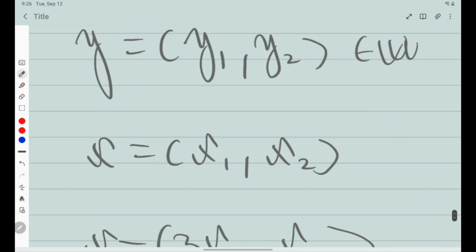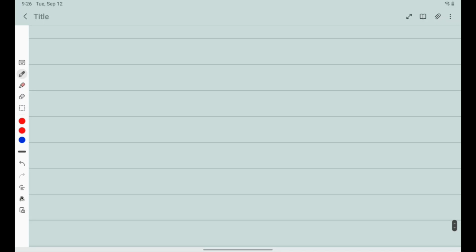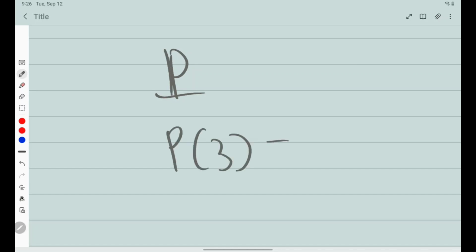And then, okay, so take all polynomial functions that exist. We know, or assume, that polynomials are a vector space. And then take all polynomials where an input of 3 is equal to 0. Can we show that this is a subspace of the set of all polynomials?